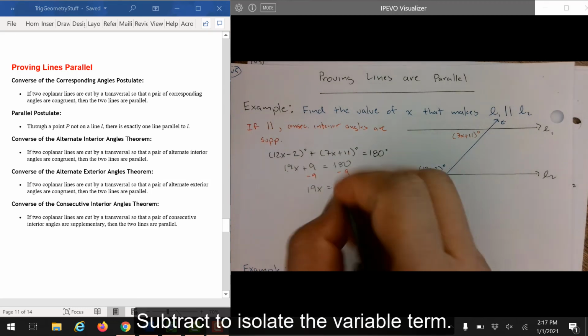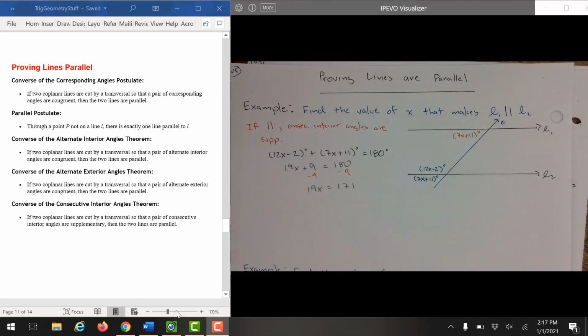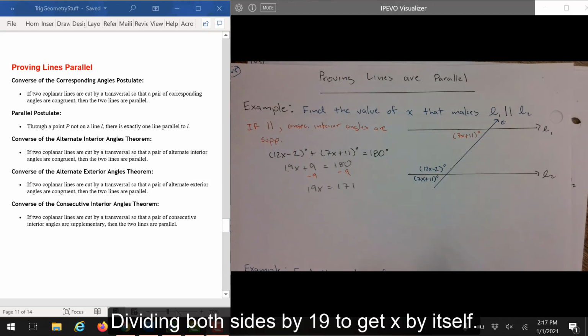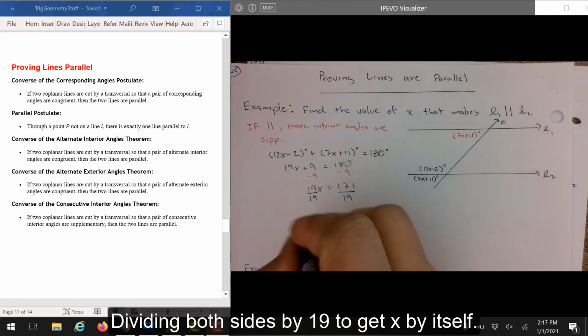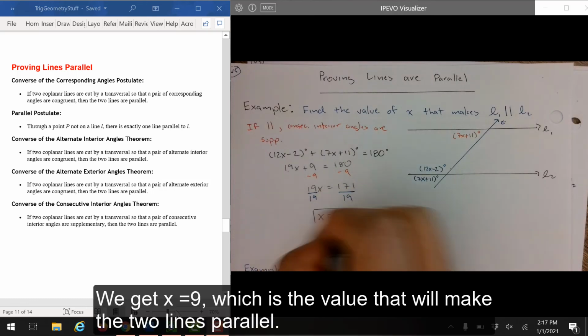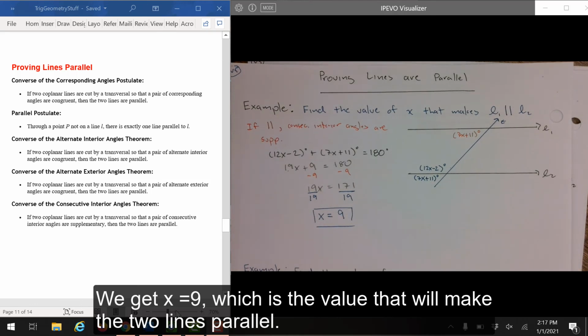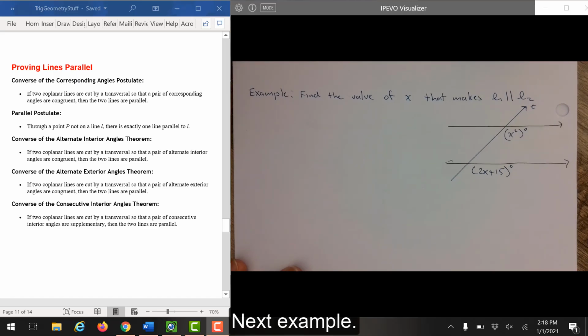Subtract to isolate the variable term. Dividing both sides by 19 to get x by itself. We get x equals 9, which is the value that will make the two lines parallel. Next example.